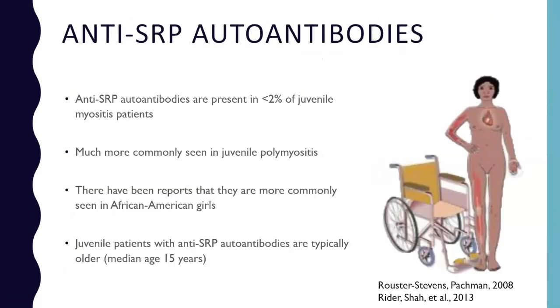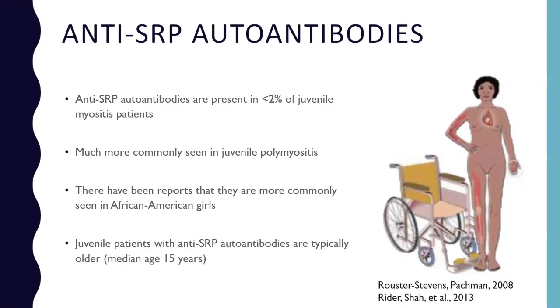Anti-SRP autoantibodies are extremely rare. They're only seen in less than 2% of juvenile myositis patients, and these patients much more often have polymyositis, so no rashes. There have been reports that they're more commonly seen in African American girls, but as the percentage of these autoantibodies is so low, I think we need to take that data with a grain of salt.